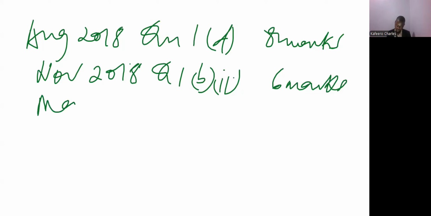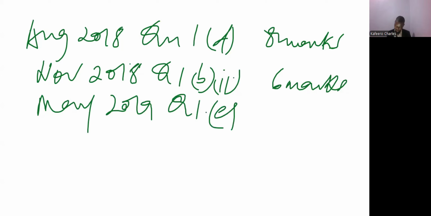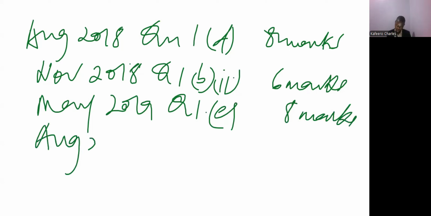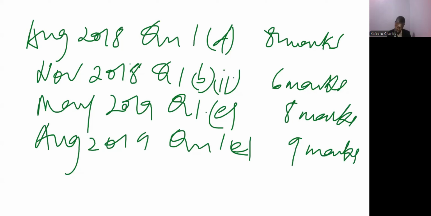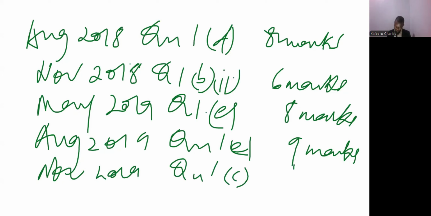May 2019, question 1 part E, had 8 marks. August 2019, question 1 part E had 9 marks. Also November 2019, question 1 part C, was 4 marks.